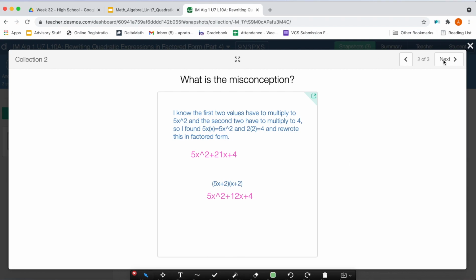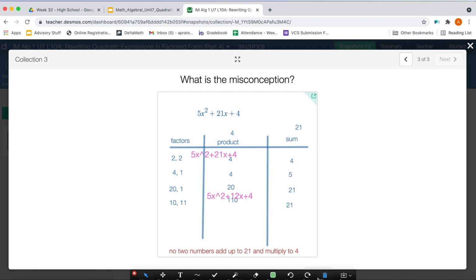Okay. And then the last one is kind of the misconception in the reverse, right? So this student is thinking, I have to find a pair of numbers that multiply to 4 and add up to 21. They're ignoring the fact that this is a 5. They're going back to what they learned before we got to an A term greater than 1.